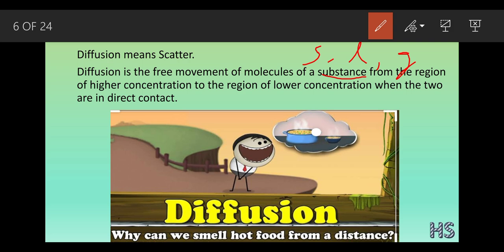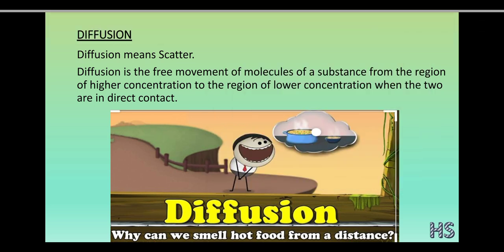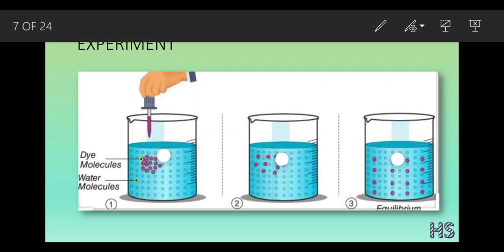Let's move to the next slide. Now this is an experiment of diffusion. As in the previous slide you have seen that diffusion can occur at home as well, so this is experiment time.